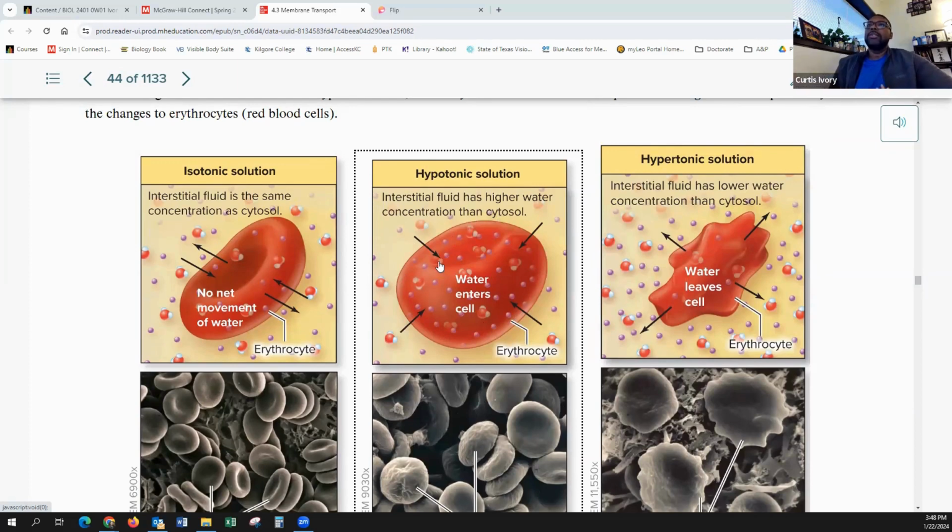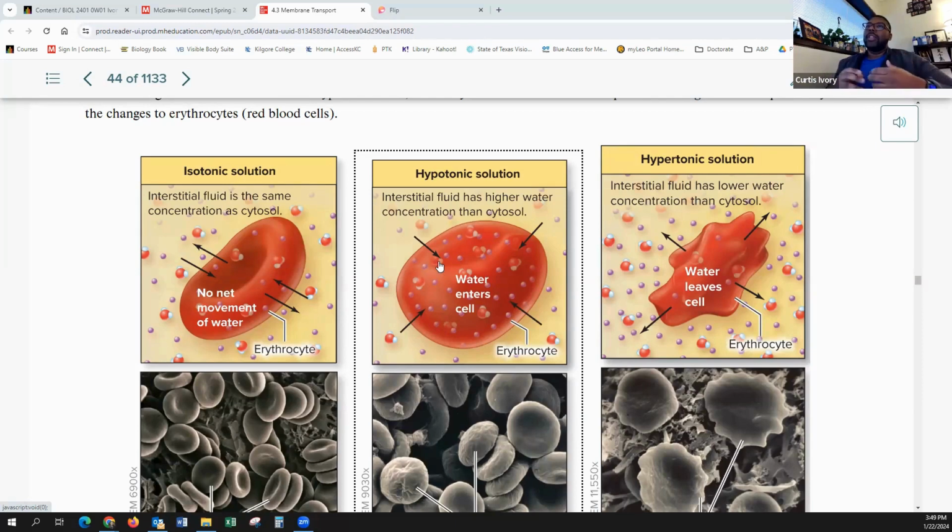So what's happening in hypotonic, there is more salt on the inside of the cell than the outside of the cell. So water is going to chase salt or sugar. So the water on the outside of the cell is going to go on the inside of the cell so that it can make it balanced.